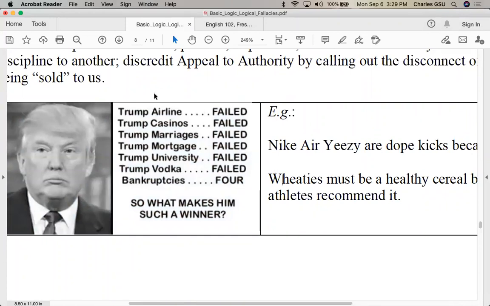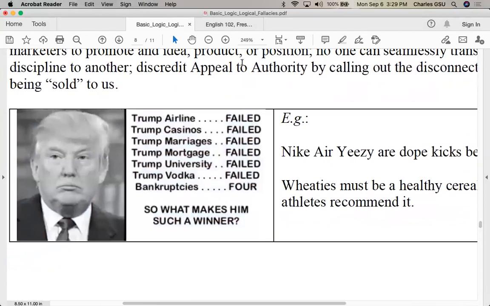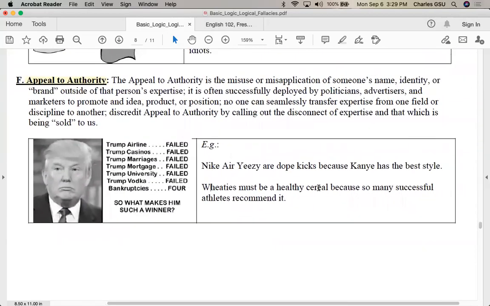But if you look at the facts, he had a number of failed ventures and many bankruptcies and still owes, as far as we know, over $400 million to perhaps foreign interests. So what makes him such a good president? In other words, being a failed businessman does not make him automatically a good public servant or president.